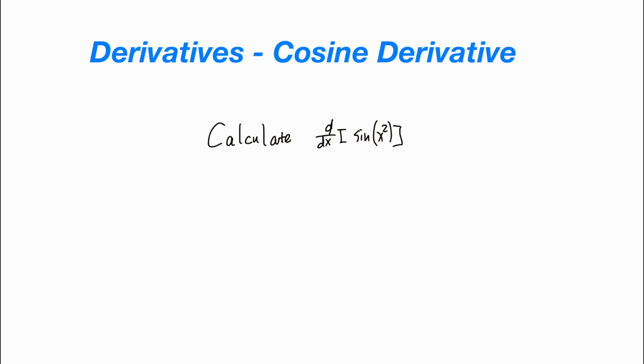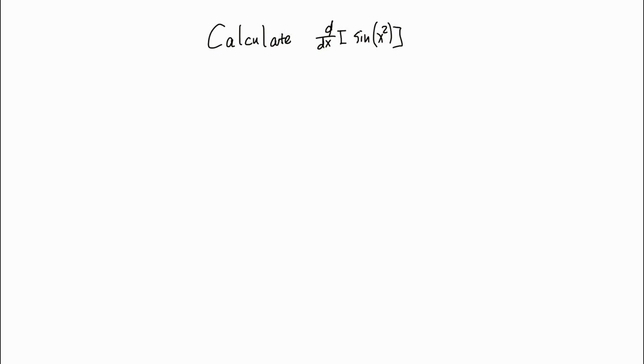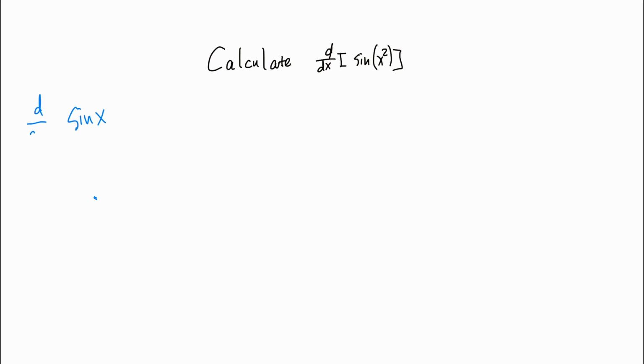Here we will use the fact that the derivative of sine of x is equal to cosine of x, and that we can use the chain rule on top of that.